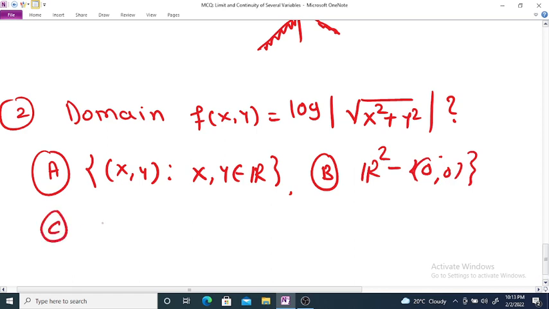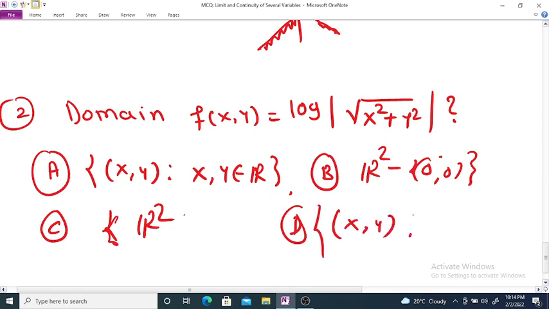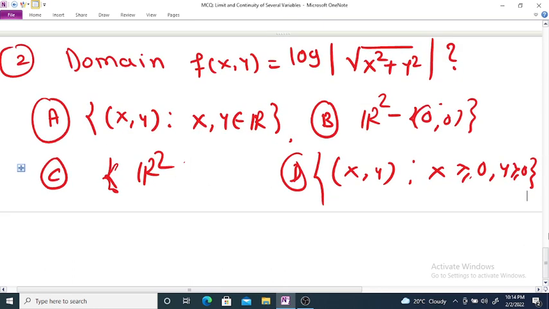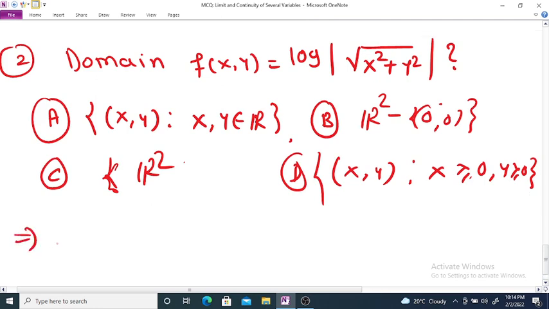Option C: R square, and option D: the collection of all (x, y) such that x is greater than or equal to 0 and y is greater than or equal to 0. From this, I want to determine the domain of this function.